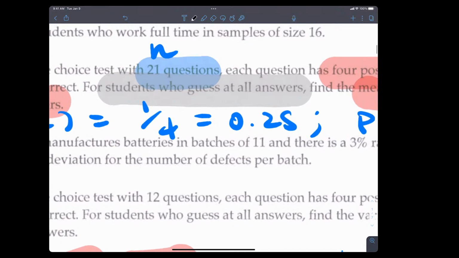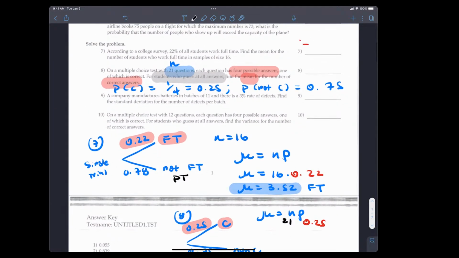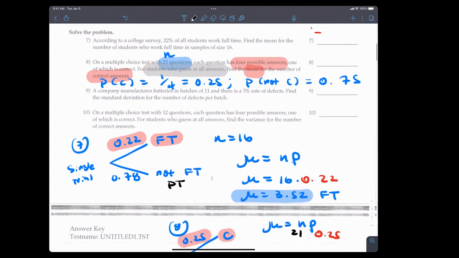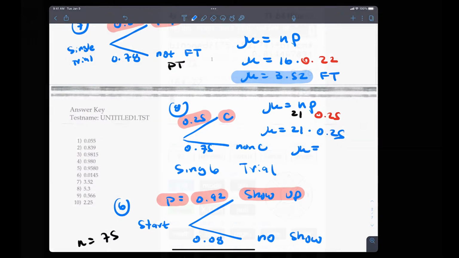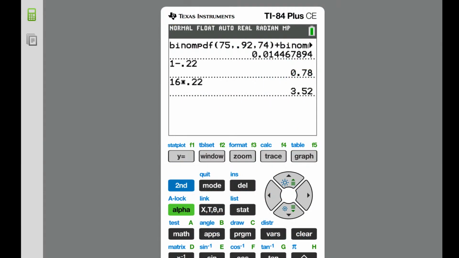All right, number 8. So what that means is, for number 8, mu, 21 times 0.25. So we can expect 21 times 0.25. This is what we can expect. 21 times 0.25 is 5.25 correct guesses.